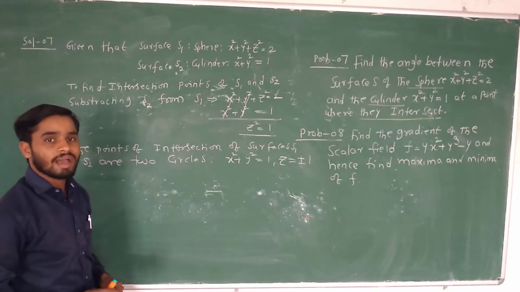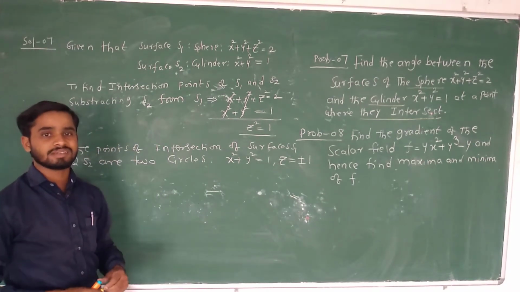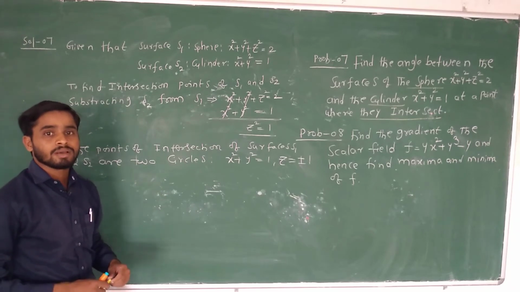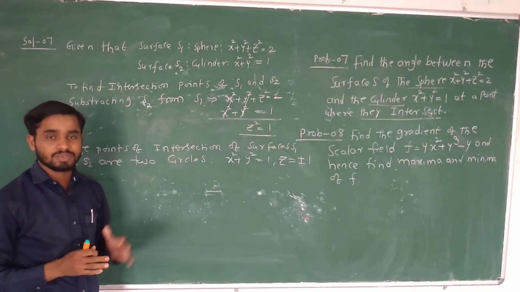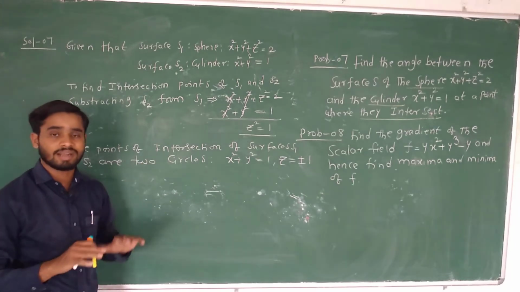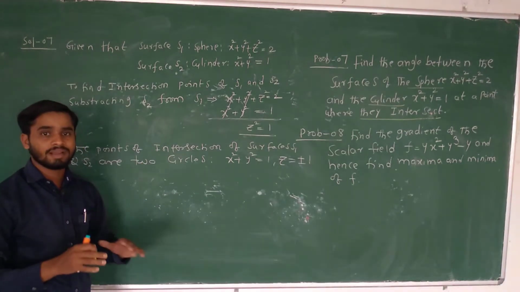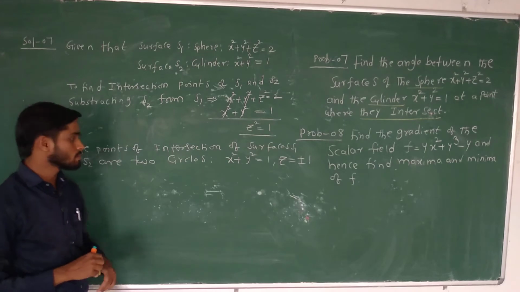To compute the angle between the given two surfaces S1 and S2, we need to compute the normal vectors to surfaces S1 and S2. That is enough to find the angle between two surfaces.